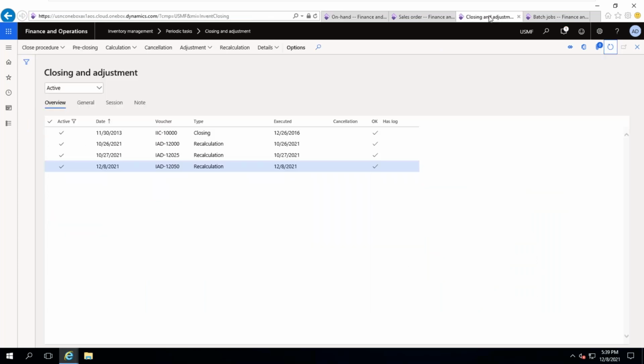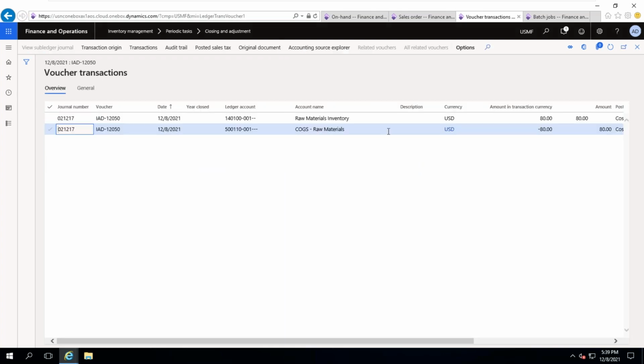If you go here, you can click on details, voucher. The difference, whatever was posted, $80, was adjusted now. Inventory value was increased by $80, and cost of goods raw material is updated with minus 80.